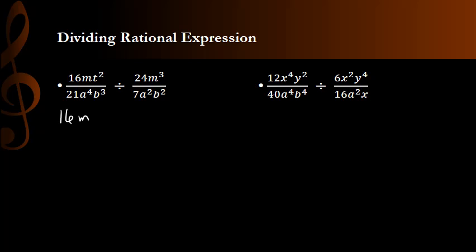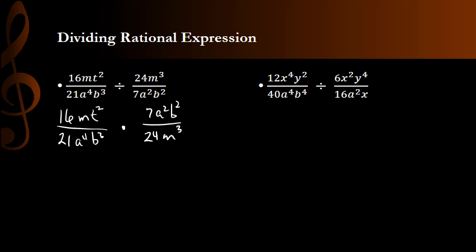So we got 16mt squared over 21a to the 4th b cubed times the reciprocal, which is 7a squared b squared over 24m cubed. Now I may do some cross multiplication on the real numbers, but I'm probably going to leave the variables with the exponents alone, just because it just gets confusing to me.